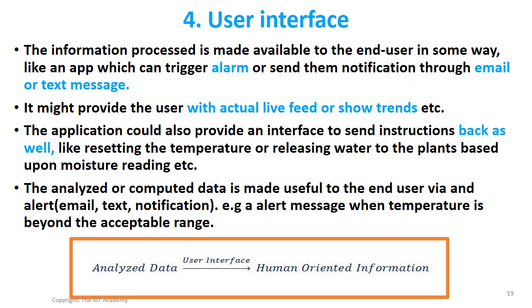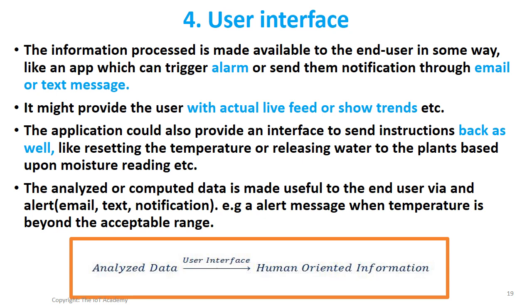The fourth component of the IoT ecosystem is the user interface. The processed information is made available to the end user in some way, like an app which can trigger an alarm or send notifications through email or text message. It might provide the user with a live feed or show trends also. The application could also provide an interface to send instructions back, like resetting the temperature or releasing water to a plant based upon moisture readings.